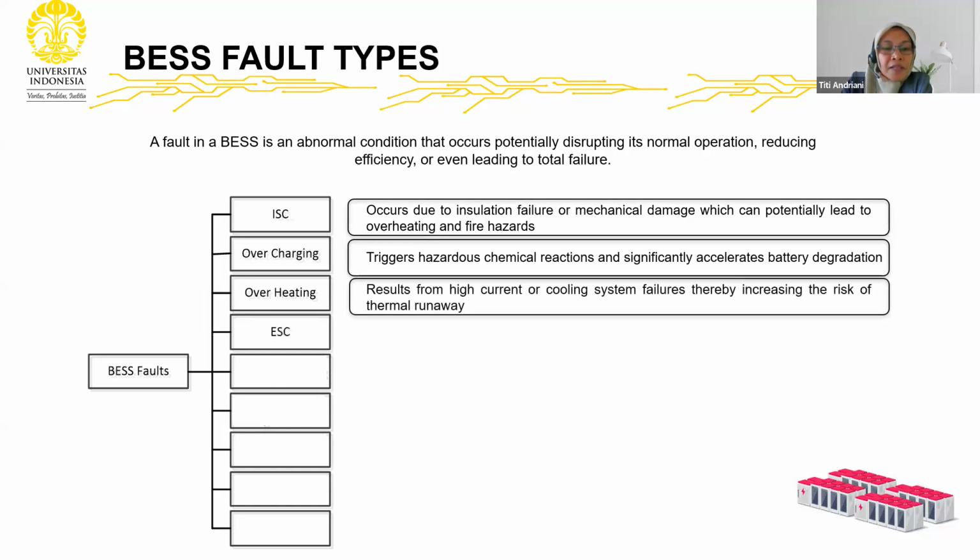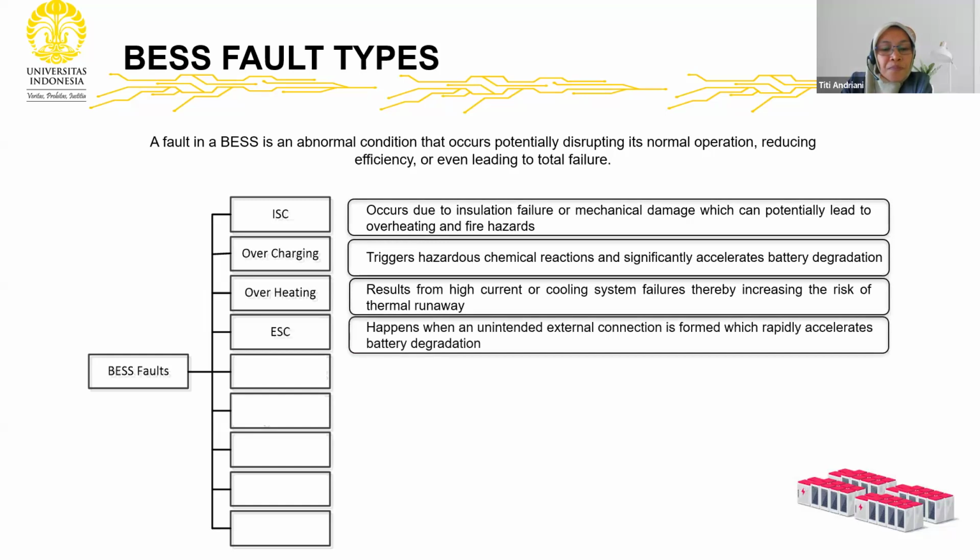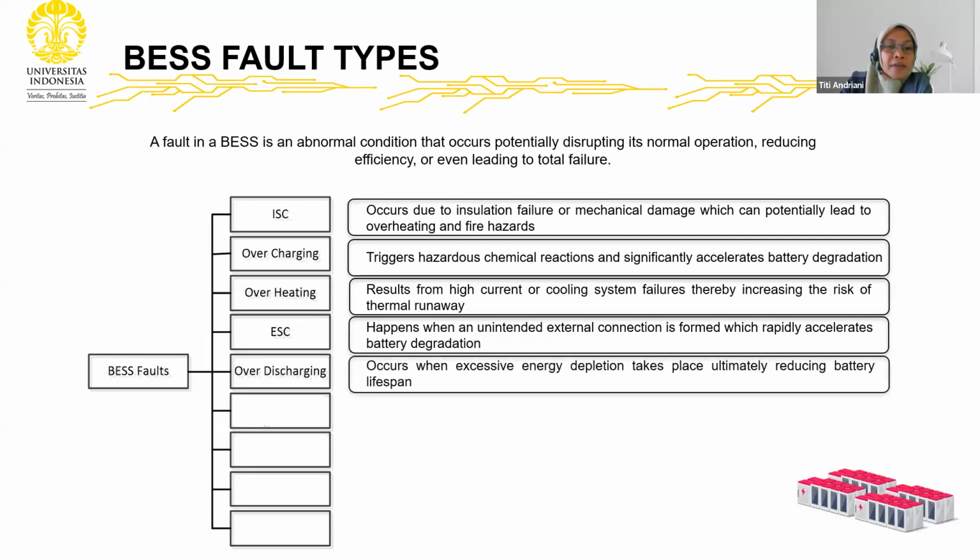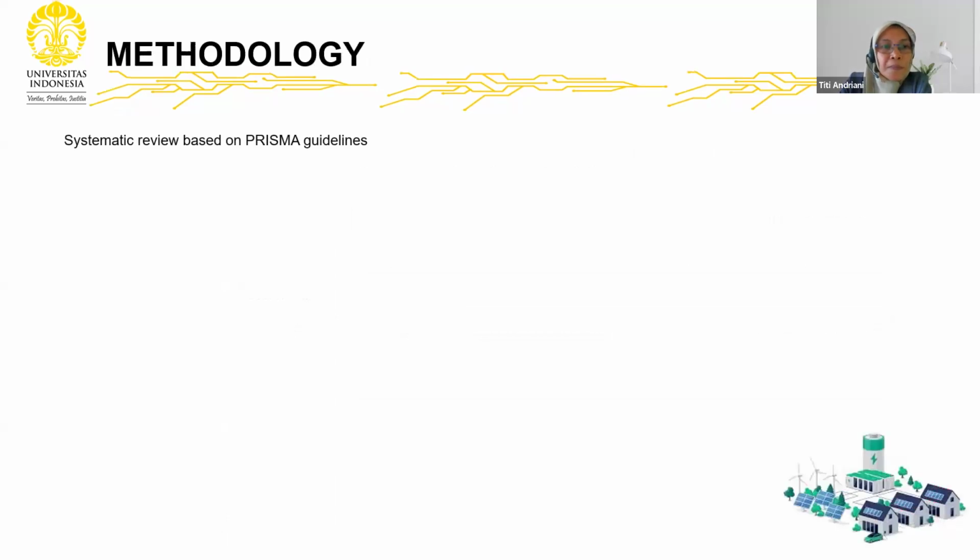An external short circuit happens when an unintended external connection is made, which rapidly accelerates battery degradation. Overdischarge occurs when extensive energy depletion takes place, ultimately reducing battery lifespan, and so on.